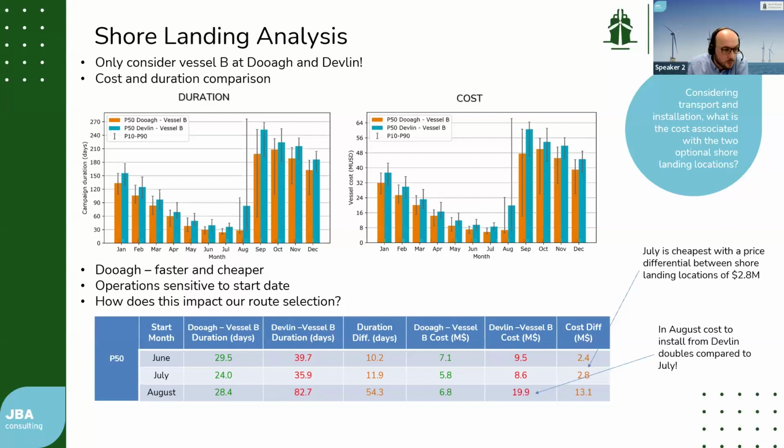And actually, if we were to start in August, we can see that the cost differential is $13.1 million more to install from Devlin. So that gives us a good idea as to how much difference it's going to cost us to install the 2 shore landing locations with the same vessel.